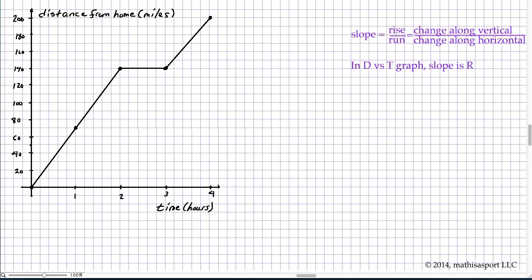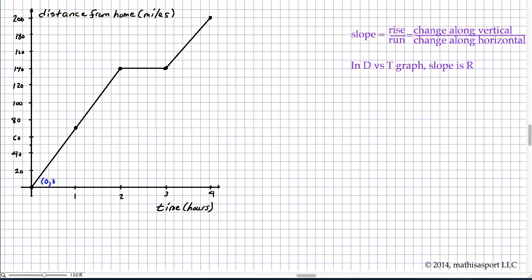One thing you notice if you think about the last graph that we drew is part of what makes it unrealistic is that people don't drive at the same rate for an entire long trip. So I've drawn a new graph here where, as you can tell, the slopes and therefore the rates of travel are different. Let's just take a look at this. I'm just going to label the different points.